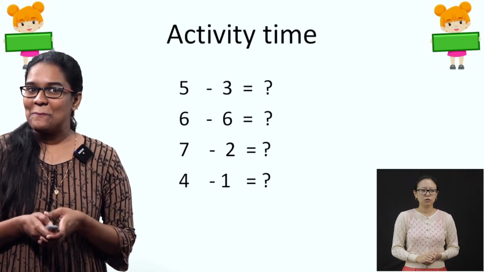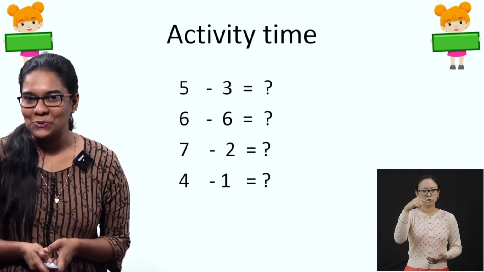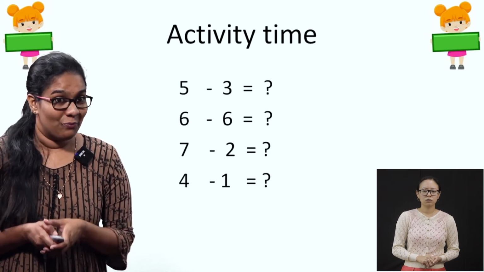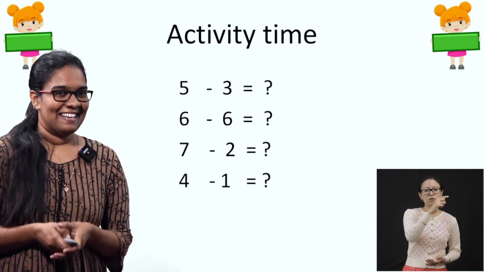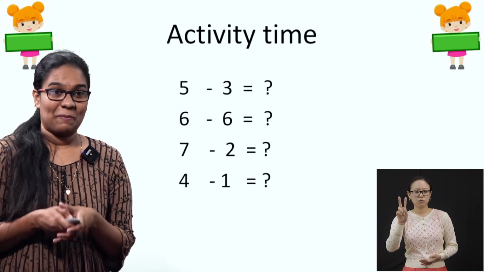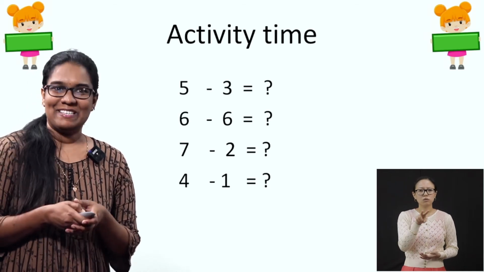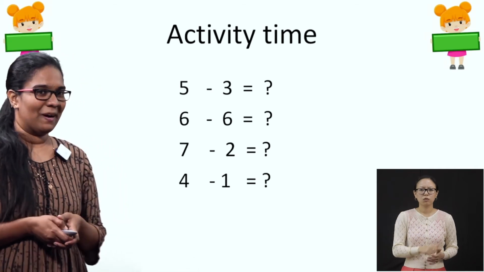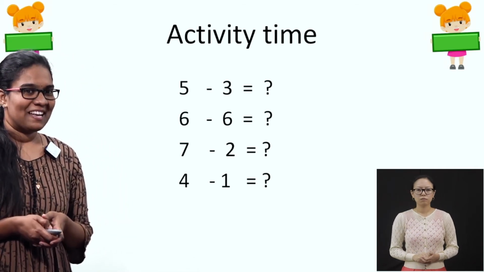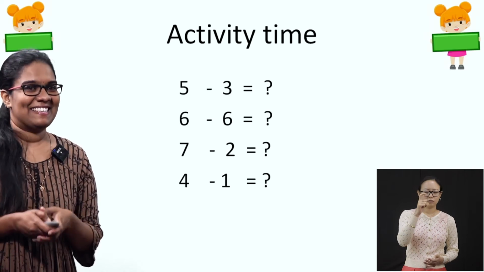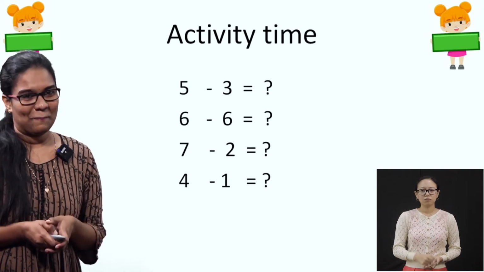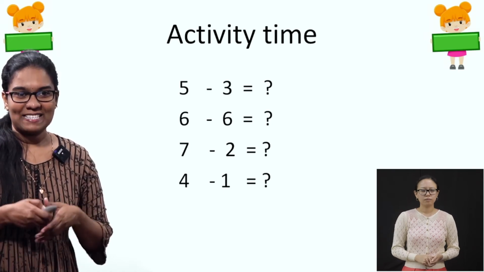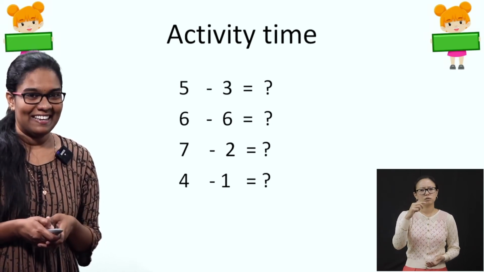Then, next one, 7 minus 2. We are going to subtract 2 from 7. Then tell me, which one is the bigger number? Is it 2 or 7? Yes, it is 7. 7 is the bigger number, right? Then, how can we subtract 2 from 7?